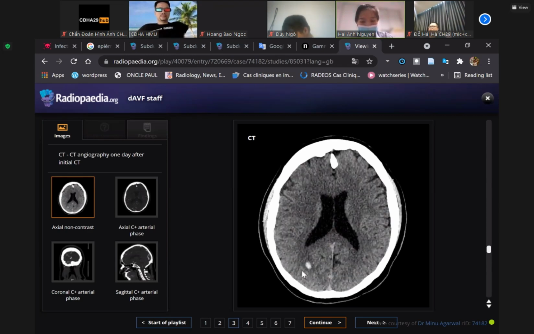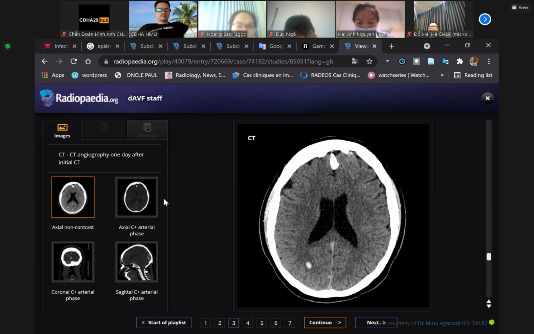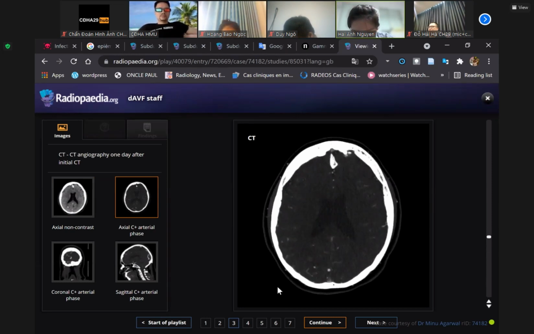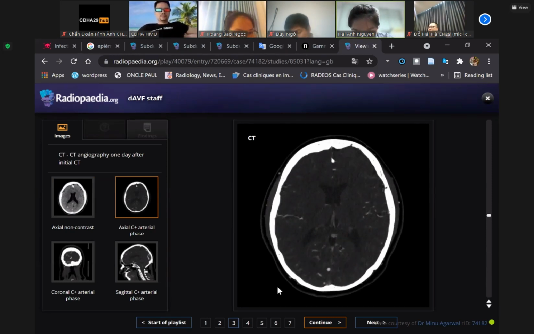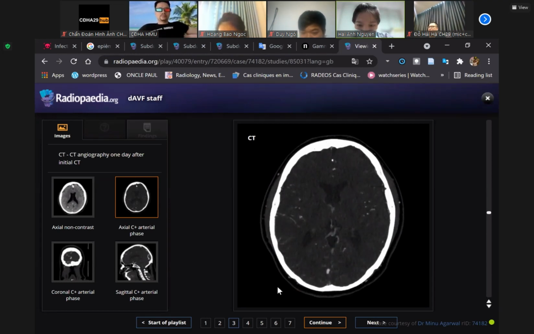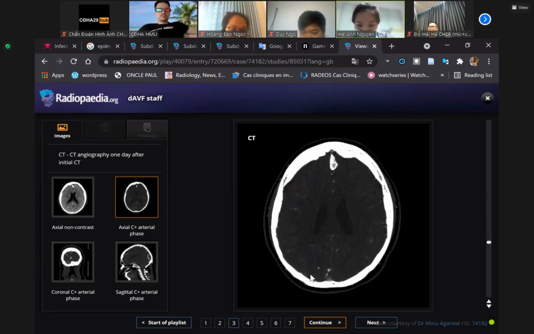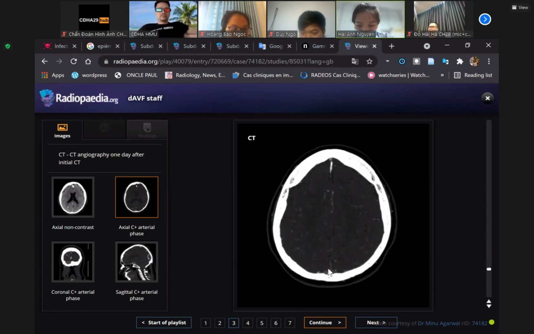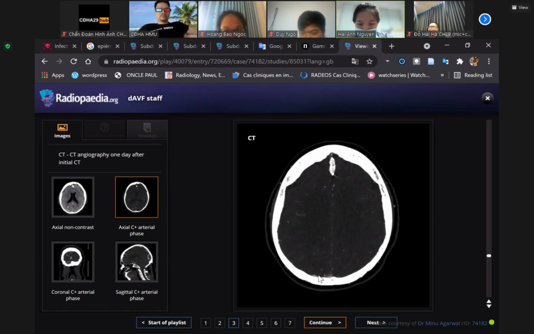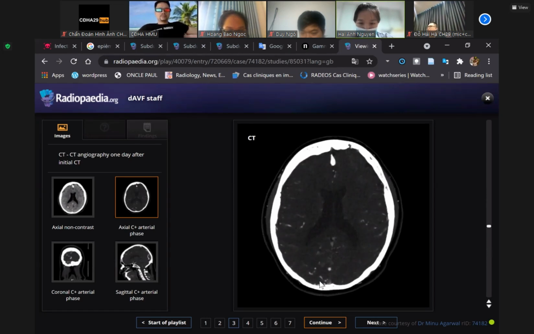There is an intraparenchymal hemorrhage, and after contrast we could confirm the dilated vessel in the dura and even in the parenchyma.